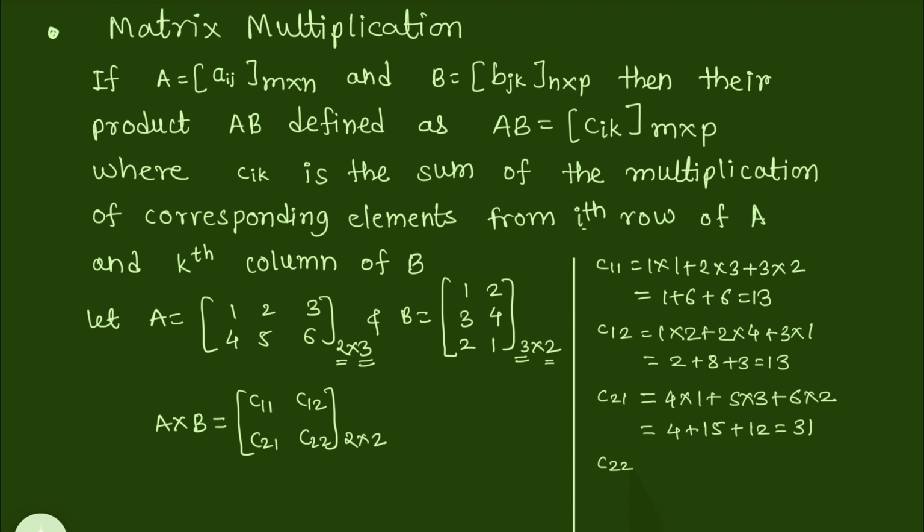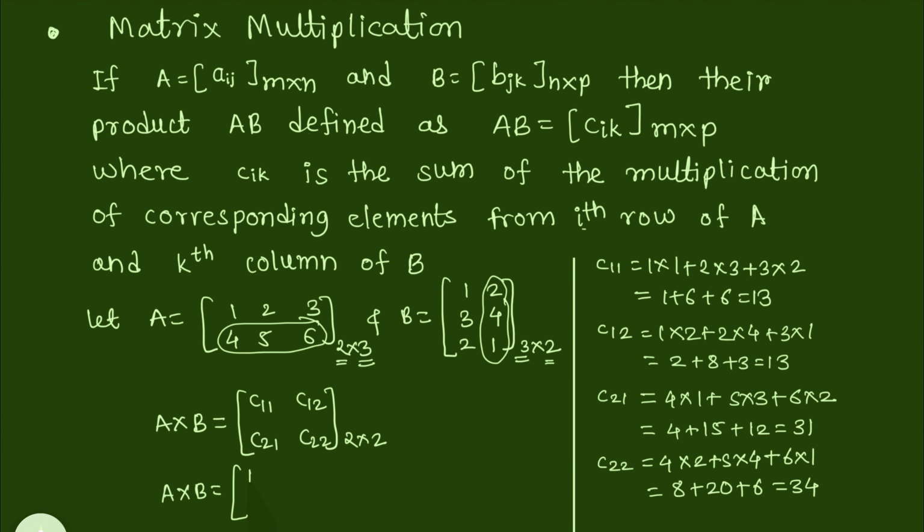Now C22, which is the multiplication of the second row to the second column, which is 4 into 2 plus 5 into 4 plus 6 into 1, equal to 8 plus 20 plus 6, which is 34. Now the A into B matrix has C11 as 13, C12 also 13, C21 as 31 and C22 as 34.